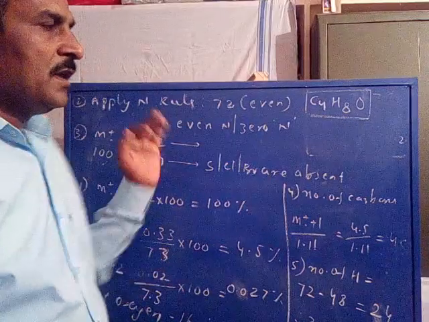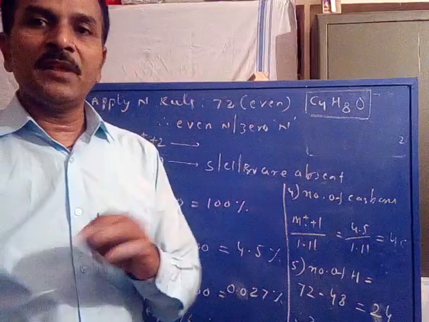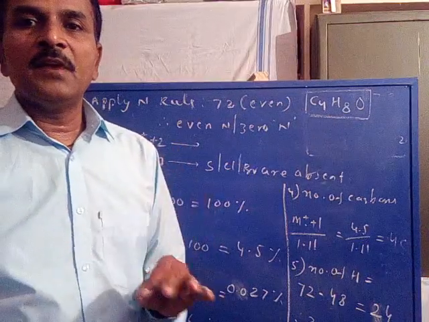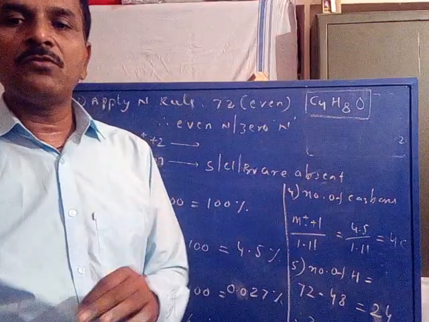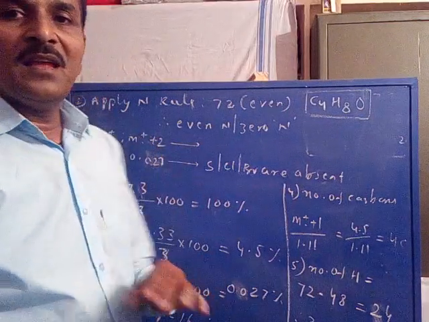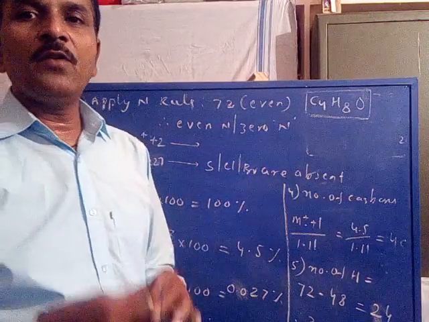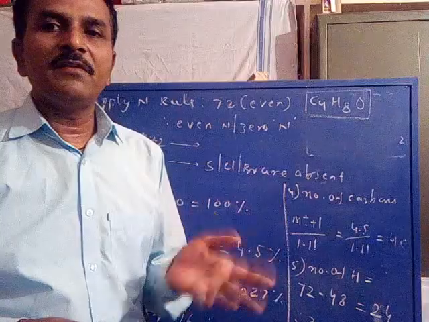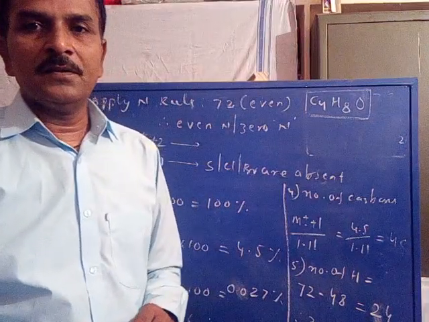Now in this case, the molecular ion signal appears at 72, plus 1 is 73, plus 2 is 74. The molecular ion signal intensity is 7.3, plus 1 is 0.33, plus 2 signal intensity is 0.002. The molecular ion signal intensity is not 100%, therefore we raise it by dividing 7.3 by 7.3 times 100, which becomes 100%.